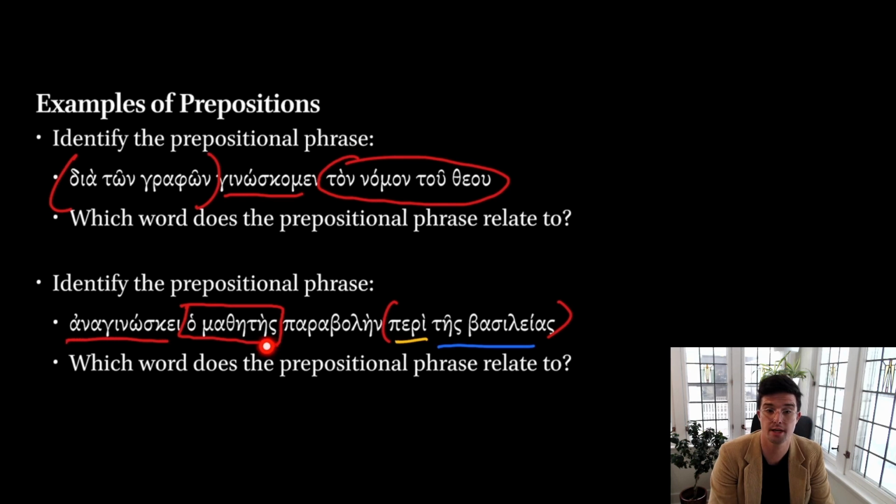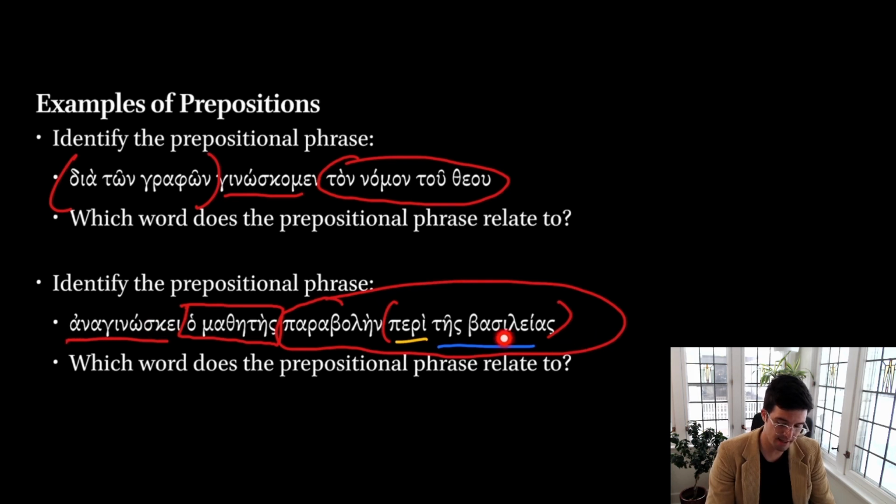This is one of those tricky endings that looks like it is a feminine noun, but is actually a first declension masculine. Remember, mathetes is the nominative masculine singular form of disciple. So the disciple reads, and what they read is a parable about the kingdom. So in this case, I circle the whole thing as the object of the verb anaginoskei, because parabolen goes so closely with the prepositional phrase that follows it.